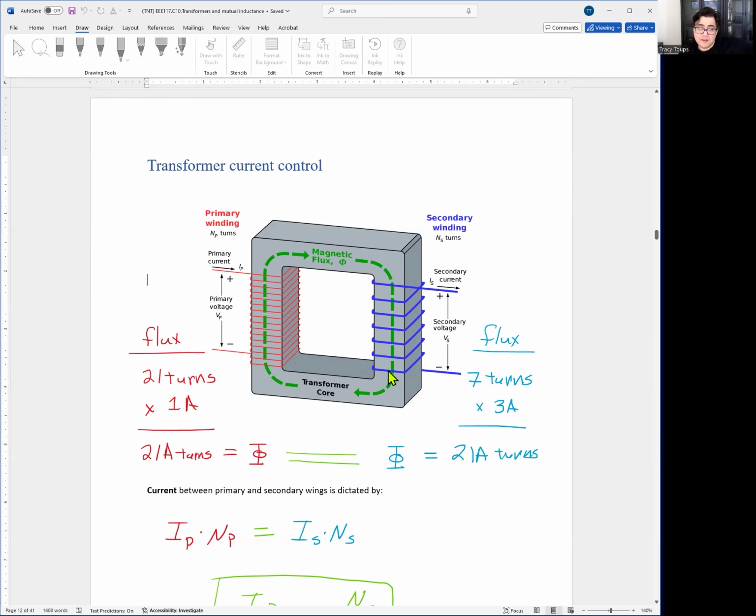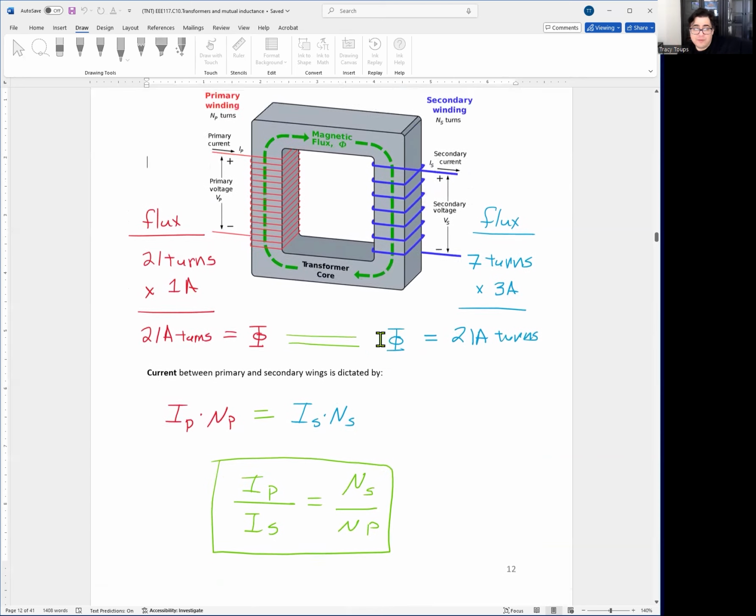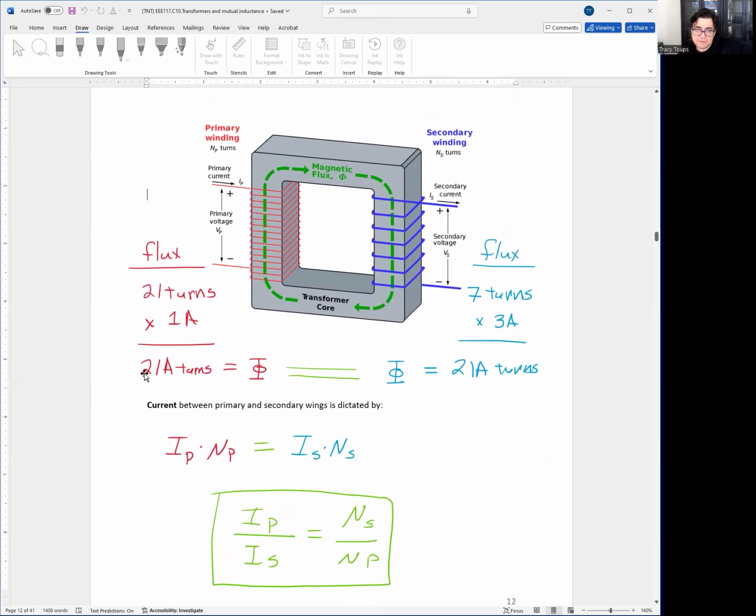And we could do this ratio again. Well, I know that the total magnetic flux flowing through is 21 amp turns. So I take the primary current times the primary winding, and that's my total magnetic field.